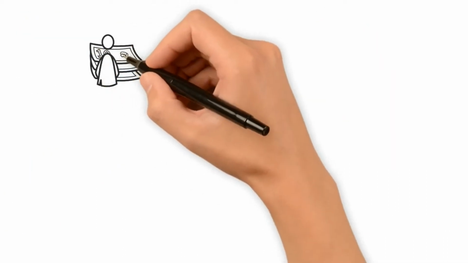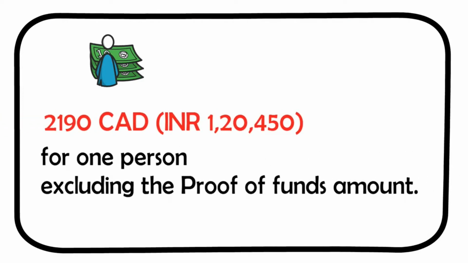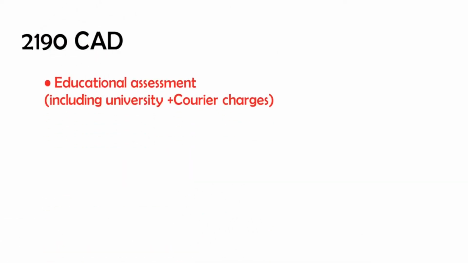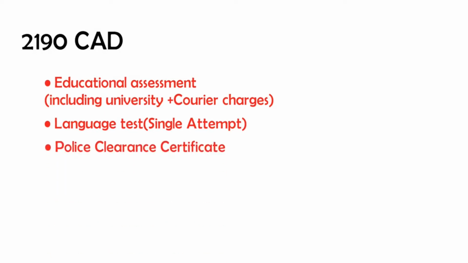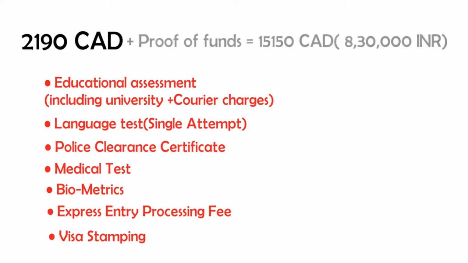Let us add up the total amount for the Canadian PR application. The total approximate amount adds up to 2190 Canadian dollars for one person, excluding the proof of funds amount. This approximate amount of 2190 includes the educational assessment, language test, police clearance certificate, medical test, biometrics, Express Entry processing fee, and visa stamping.